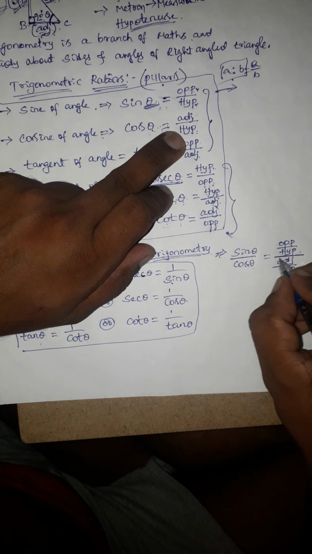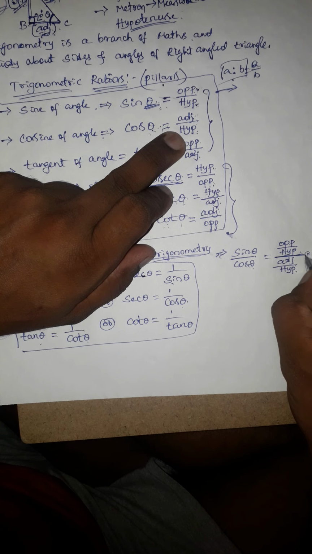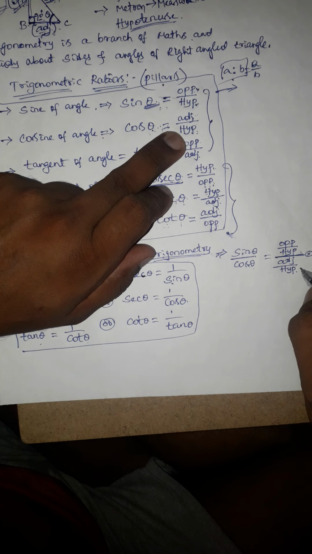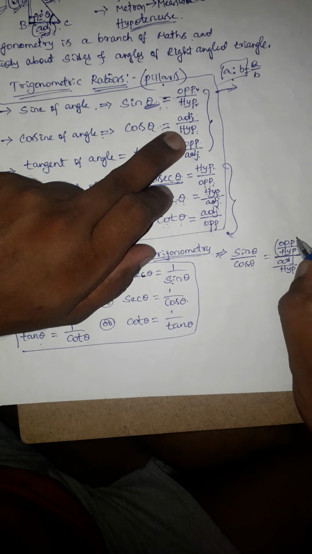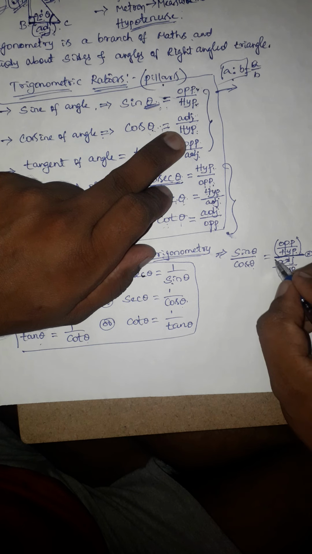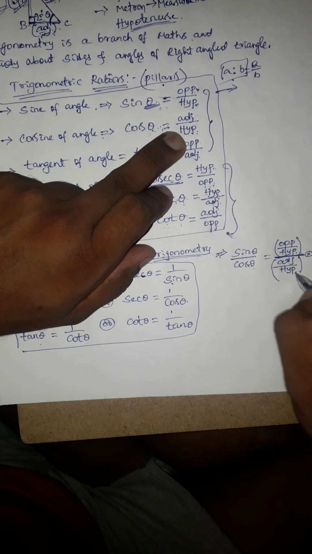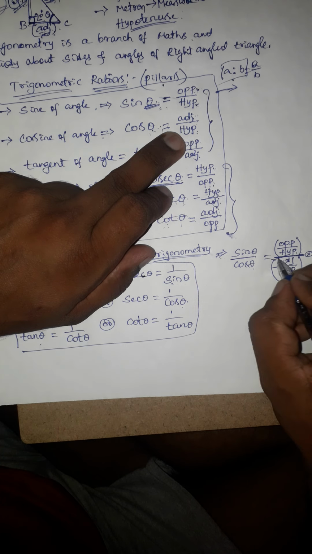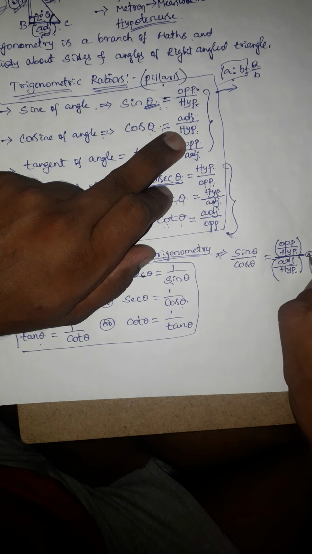Now the numerator is opposite by hypotenuse, divided by the denominator, adjacent by hypotenuse. Now we convert the division sign to a multiplication sign by taking the reciprocal of the denominator.